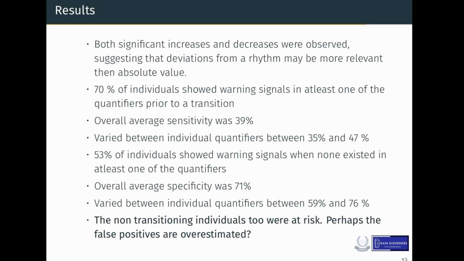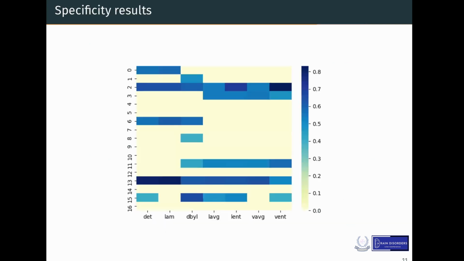So it's possible that the false positives that we're talking about might be overestimated. So this graph is not really all that bad in that sense, is what we are suggesting.